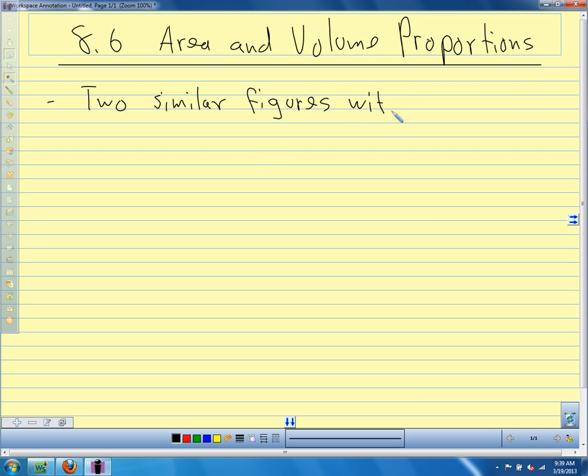And we know that the length ratio, and by length ratio I mean a side, a diameter, a circumference, a height, any kind of length.